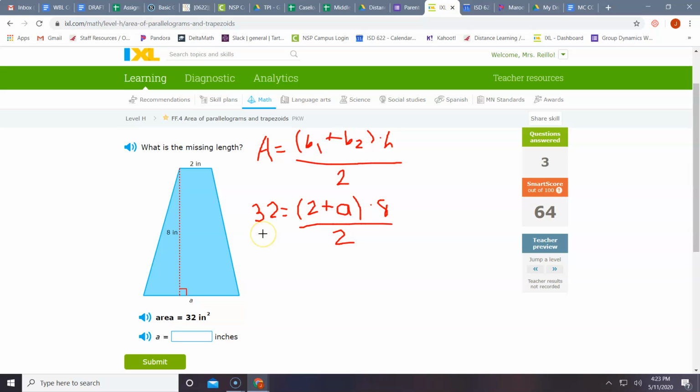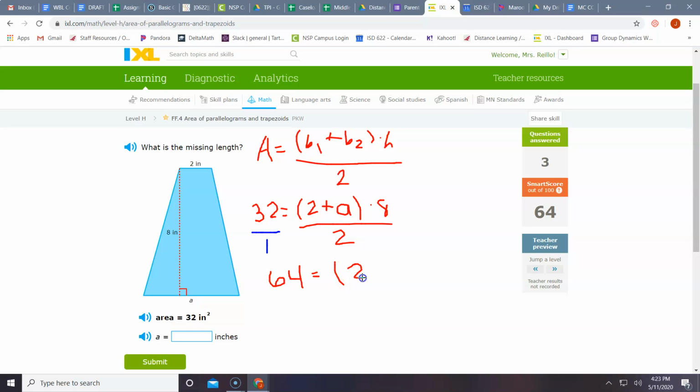All right, now to solve this, we can cross multiply and put this side over 1. So 32 times 2 is going to give us 64.